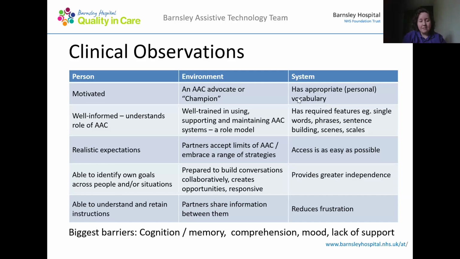The biggest barriers that we can find are when somebody has quite significant cognitive difficulties. That means it's hard for them to retain how to use it. One thing I've found recently, working with somebody at the moment, is that their semantic understanding of the meaning of the words is having a bit of an impact. So they're finding it hard. For example, they know the animal categories, but then when we click on that, it's harder for this person to know the different groups of animals.